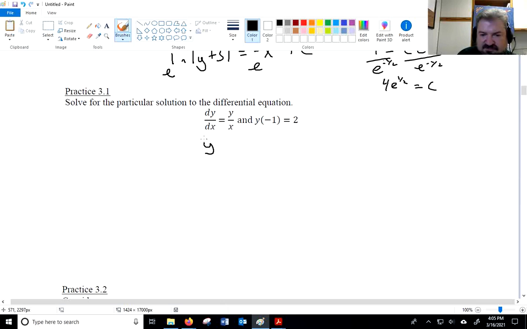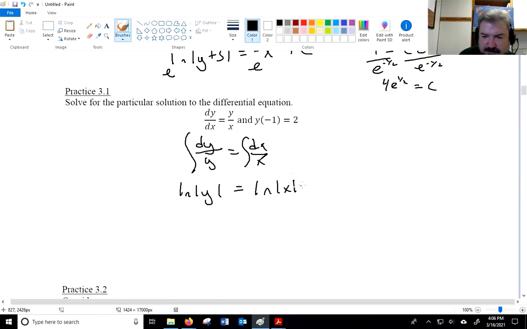All right, hopefully you divided both sides by y and multiplied both sides by dx. We can now integrate both sides, and I get the natural log of the absolute value of y is equal to the natural log of the absolute value of x plus c.